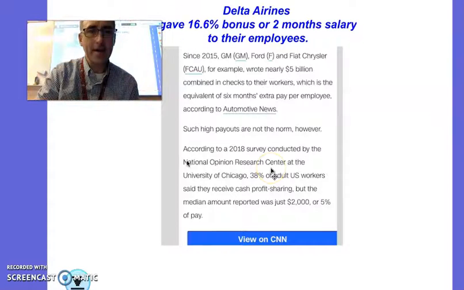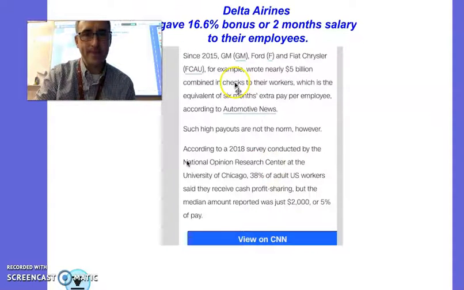Now let's look at a median example. Since 2015, GM, Ford, and Chrysler, for example, wrote nearly $5 billion in combined checks to their workers, which is equivalent to 6 months of extra pay per year per employee. Such payouts are not normal, however.